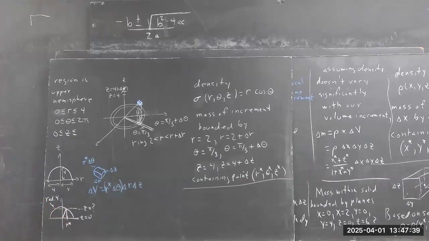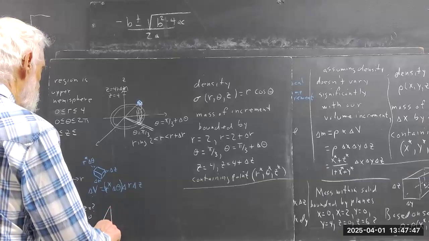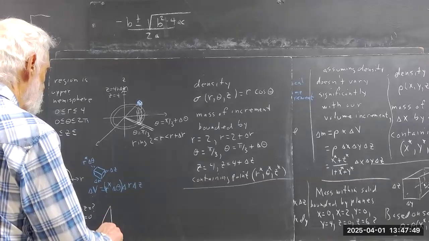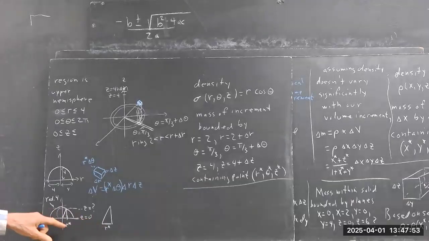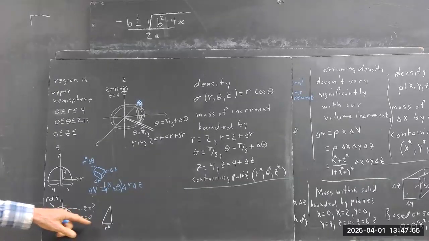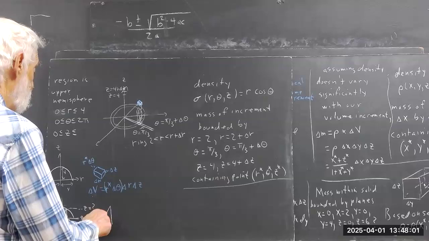So I've got this triangle here. What are the dimensions of this triangle? This side is just R star because R star is our coordinate along this axis, right? And this is 4.